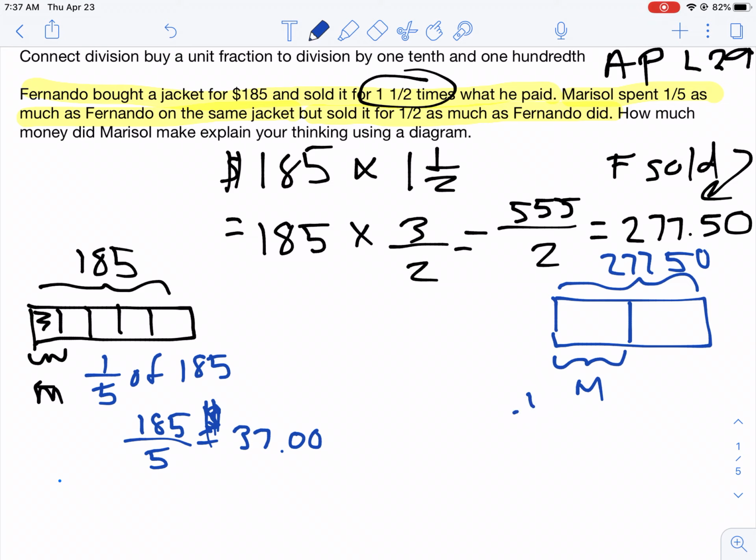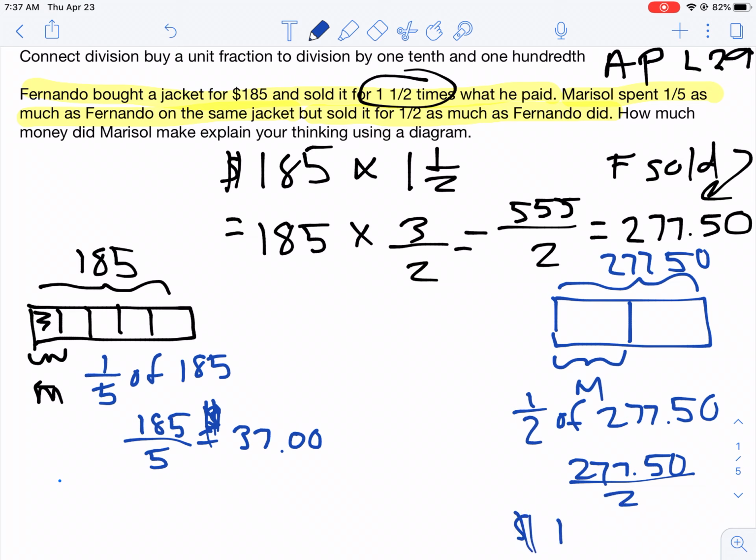So 1/2 of $277.50 is $277.50 divided by 2, which gives us $138.75. Are we done?